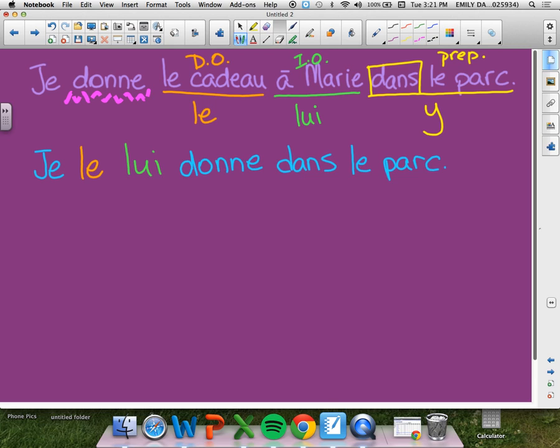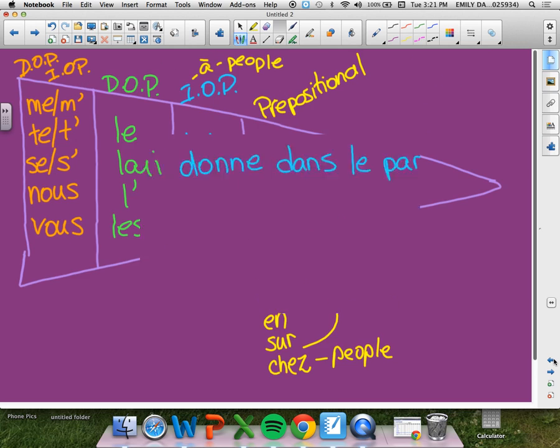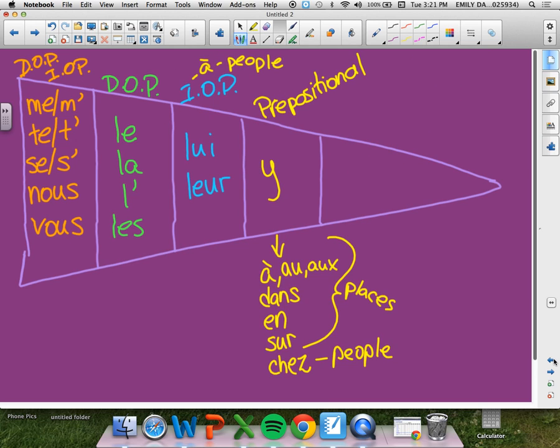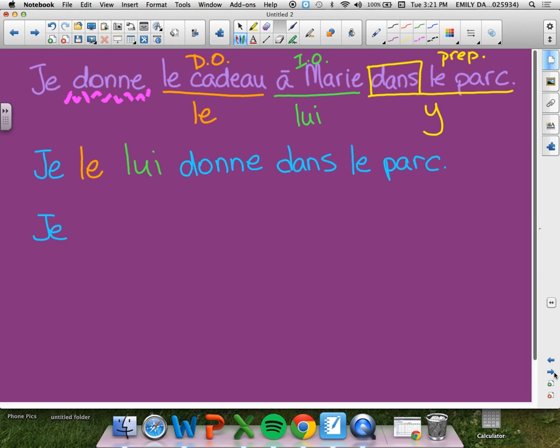All right? So let's replace our direct object and our prepositional one in the next sentence. So I've got je, my verb is still the same. I've got to look back at my flag to see which pronoun comes first. I've got le, and then y is way down there, so I know that the le is going to come first. I'm going to make that l'apostrophe because I know my y is after that. And because of that sound, I'm going to make it l'apostrophe. I wouldn't count you wrong if you wrote le y.